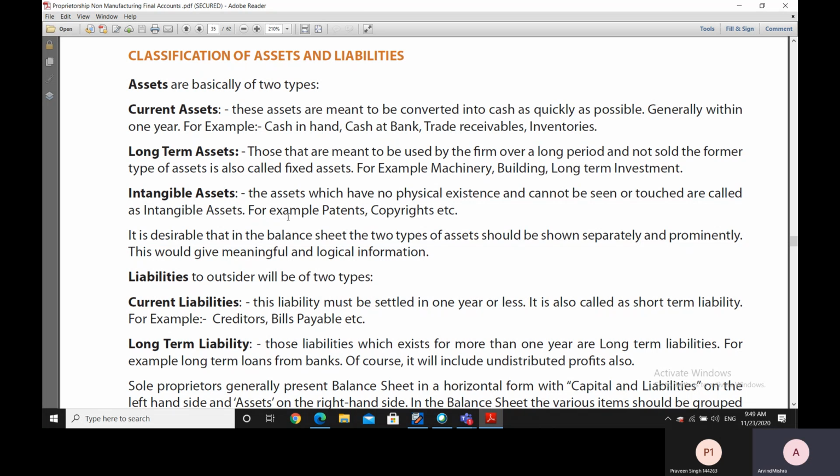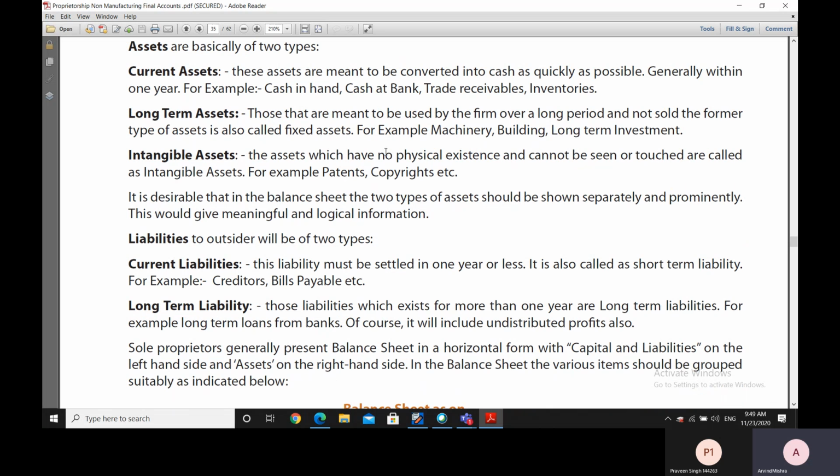So in the balance sheet, the two types of assets should be shown separately. Like we should show the current assets separately and the long-term assets separately and prominently. And in fact, the third type of assets, the intangible assets, should also be shown separately, and this will look more meaningful and logical.